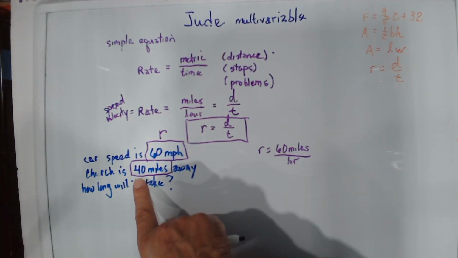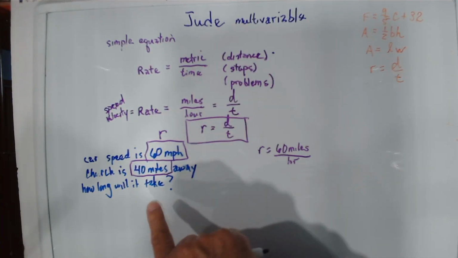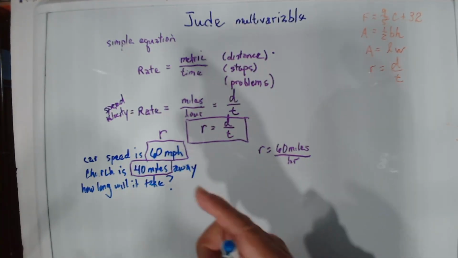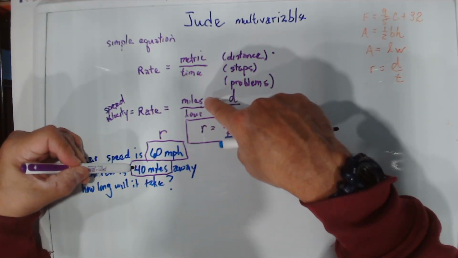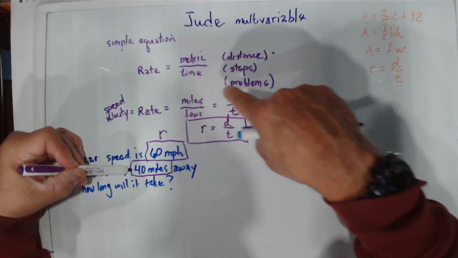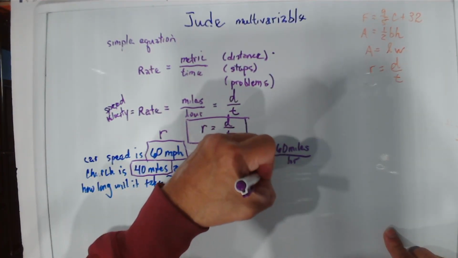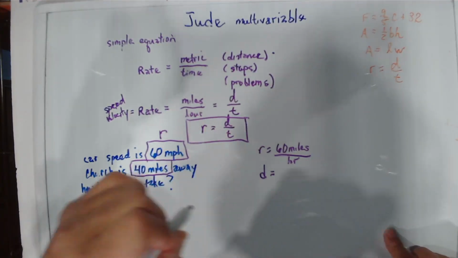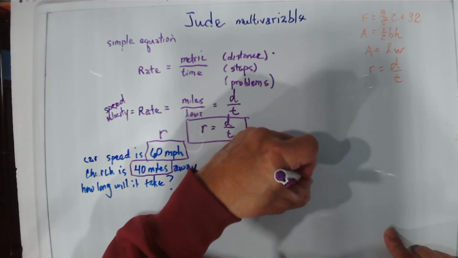So when we look at this, it says 40 miles. Which one of these two would the 40 miles be referring to? Well, if we look at the units, you can see 40 miles here and miles here, and that refers to D. So we could see D is equal to 40 miles.